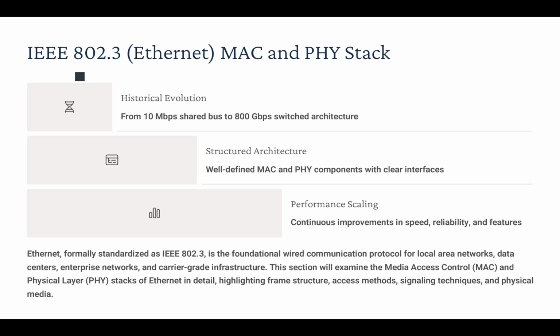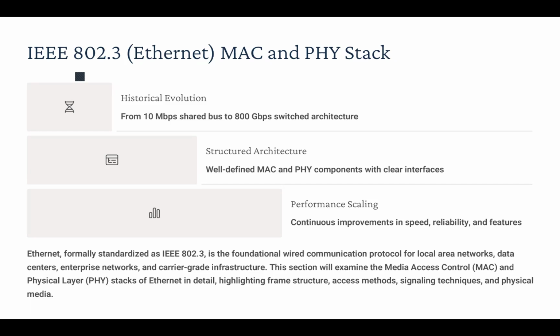The Ethernet frame in the MAC sublayer includes structured fields like a preamble, start frame delimiter, MAC source and destination addresses, and a cyclic redundancy check to help detection of errors.